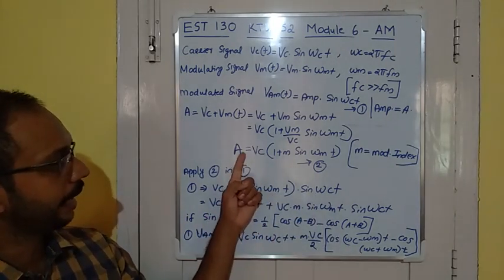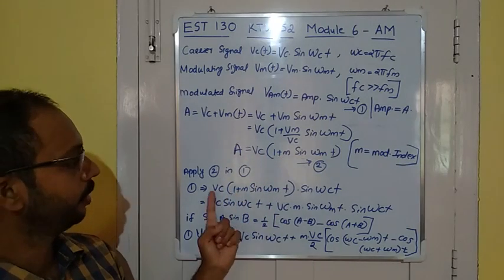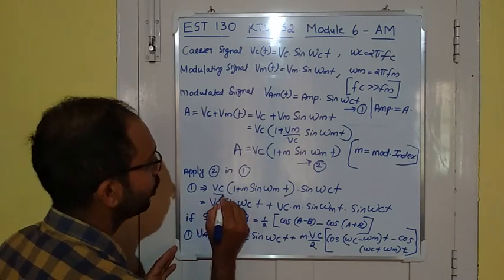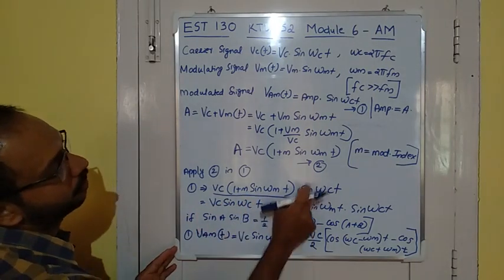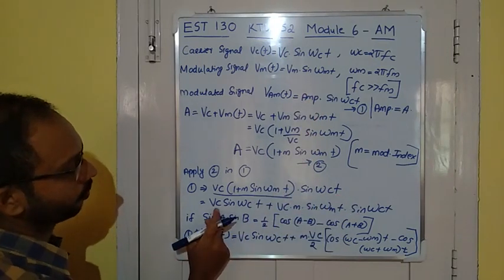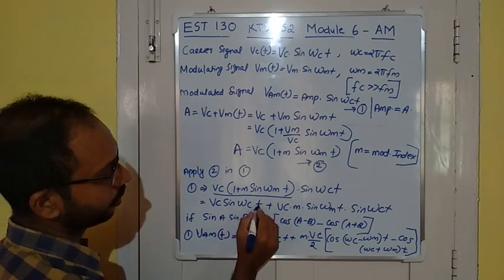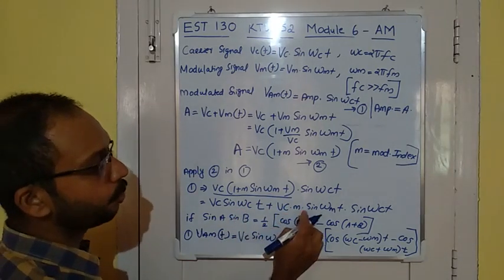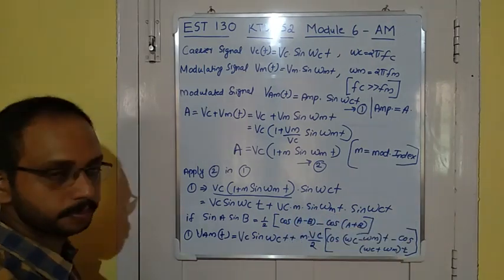So this is A. A is equal to Vc into 1 plus m sin omega mt, substituted here, into sin omega ct. So that is Vc into sin omega ct plus Vc into m into sin omega mt into sin omega ct.